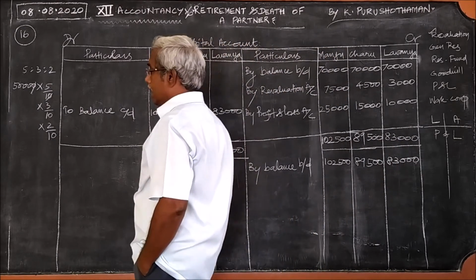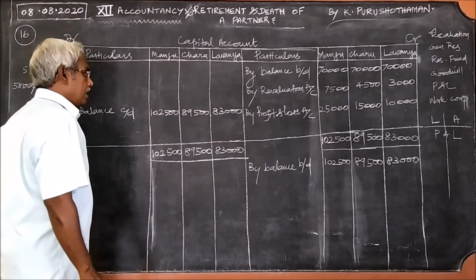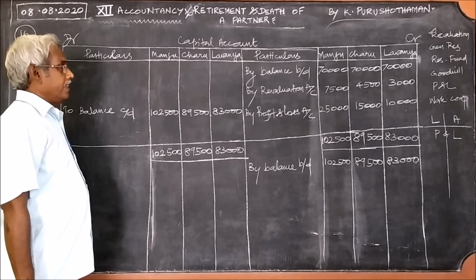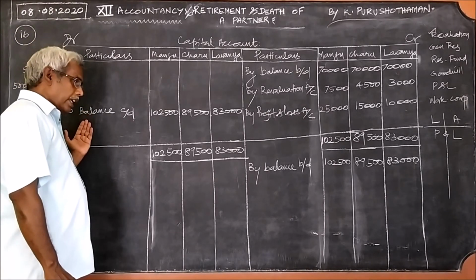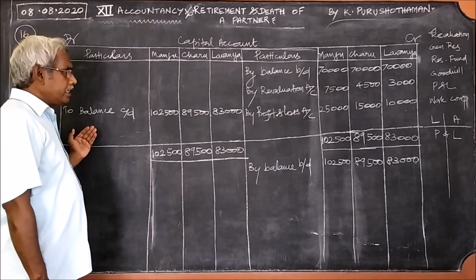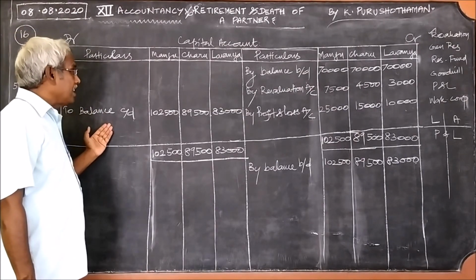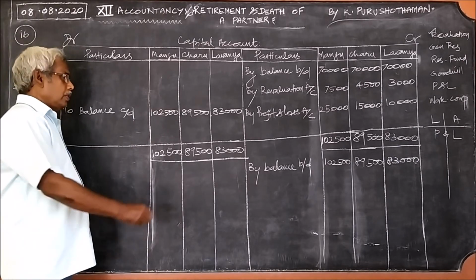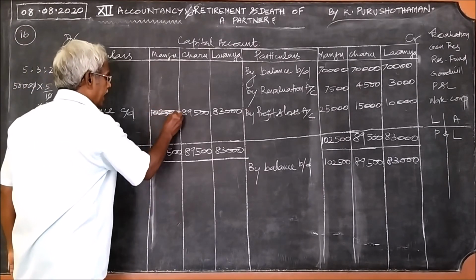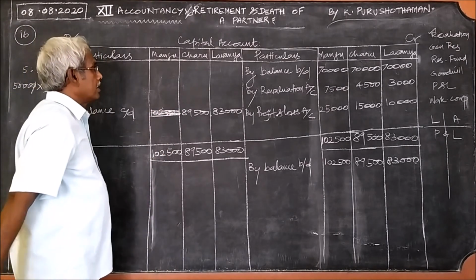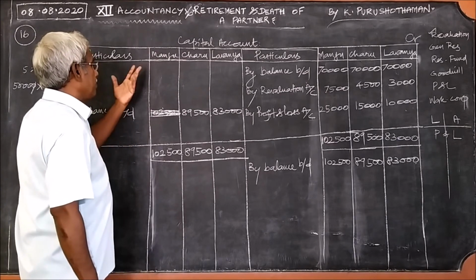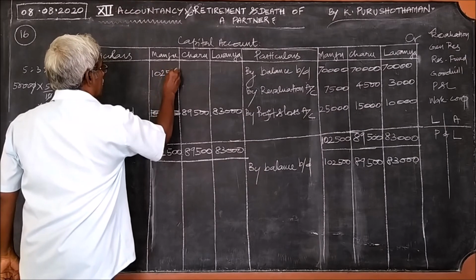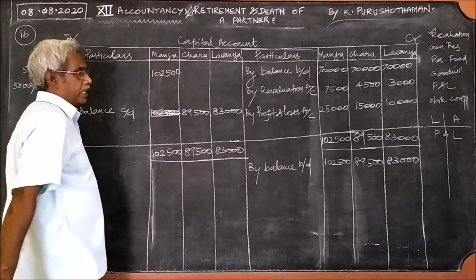But what is the condition given? Manju is retiring, and therefore there need not be a balance under her name in the business. So this amount should not be there in balance. It should be shown separately. 1,02,500 should be shown separately.